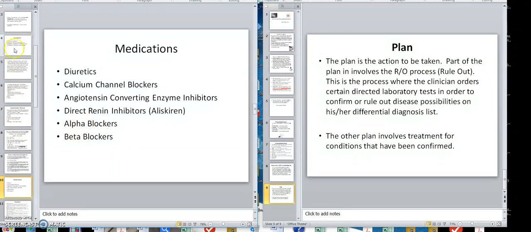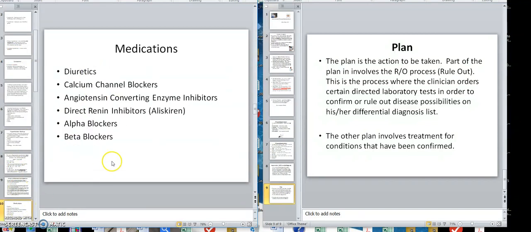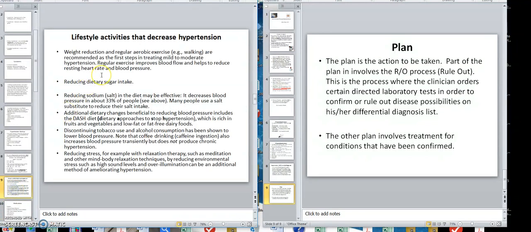Now, the problem with primary hypertension is, since you didn't have a cause, and you're taking these medications, you pretty much are going to have to be on medication all your life, unless you lost some weight and some other things and the blood pressure went away.